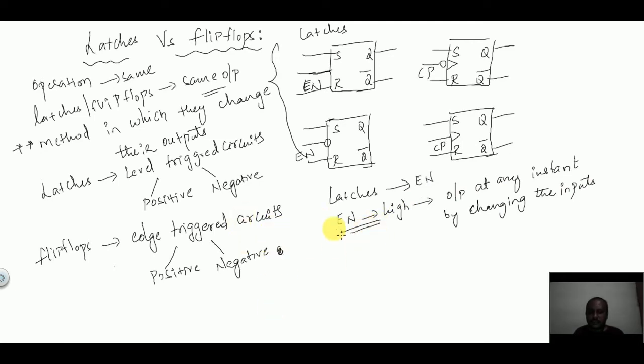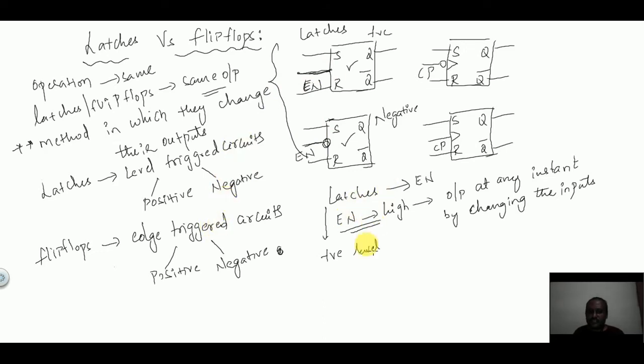That means if the latch is a positive level triggered circuit like this, and this is a negative level triggered circuit, that is a negative latch, and this is a positive latch. Since the enable input is high here and low here, a bubble represents a low enable signal.